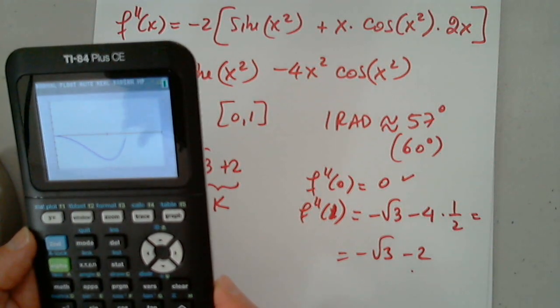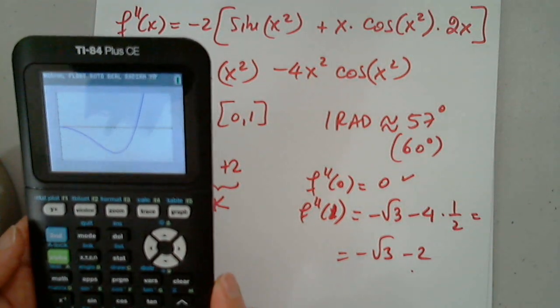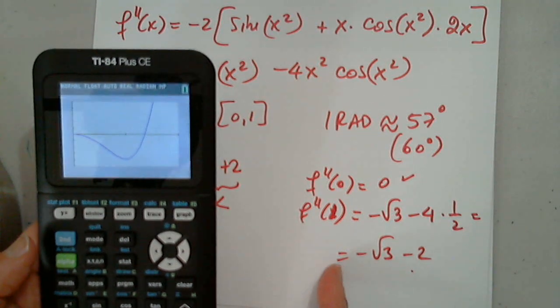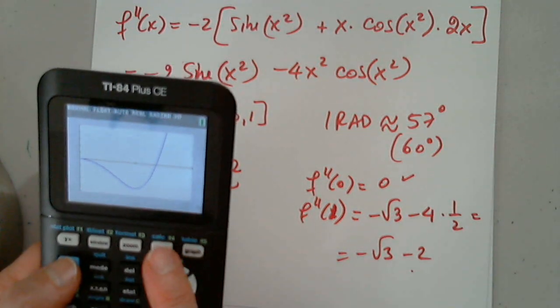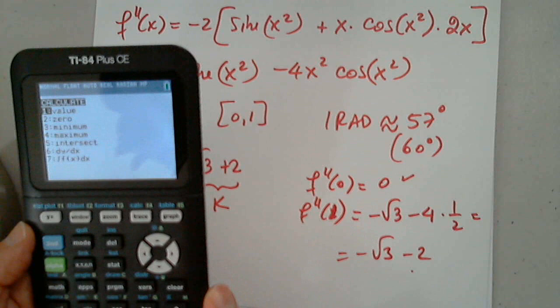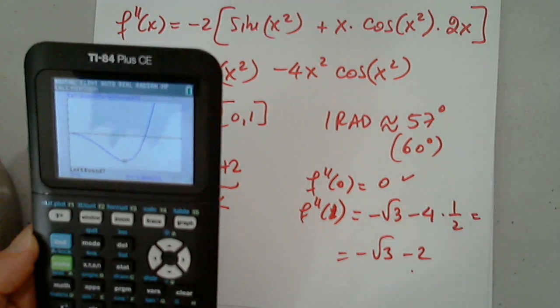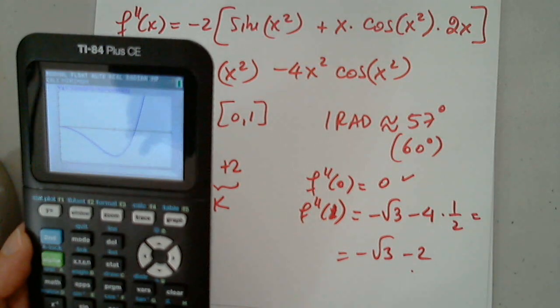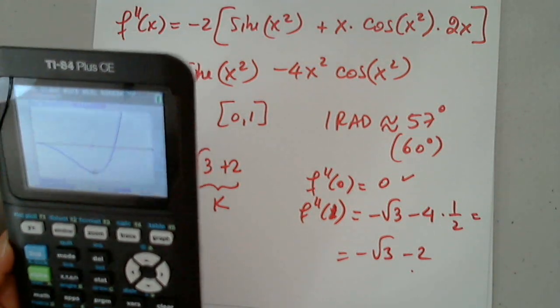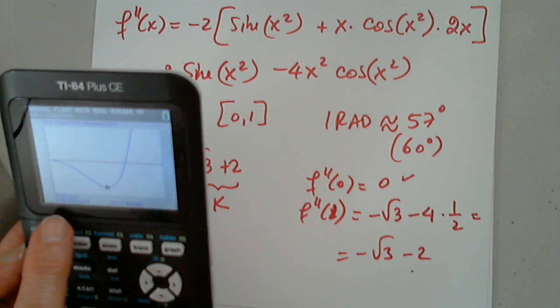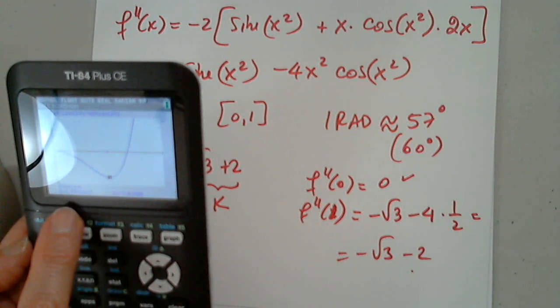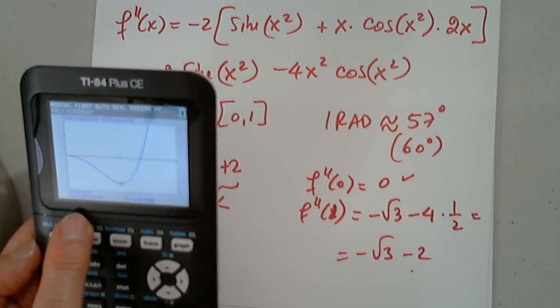Ah, good. So I want the minimum with second and calc. I want minimum, which is 3, and I want the minimum between 0 and 1. That's all I care about. Okay, so the minimum is at roughly 1.